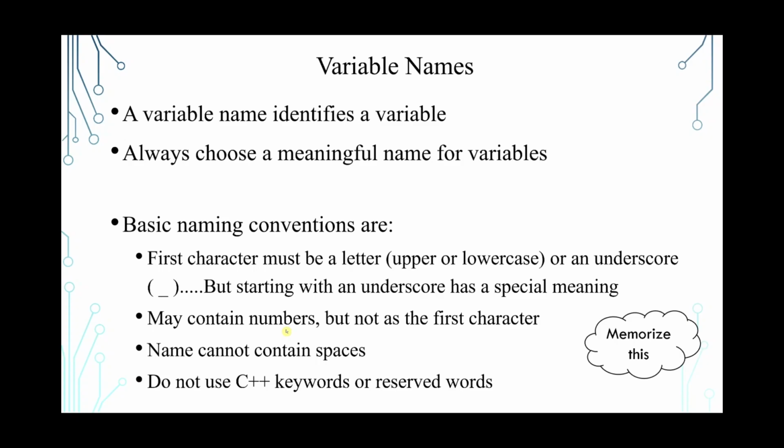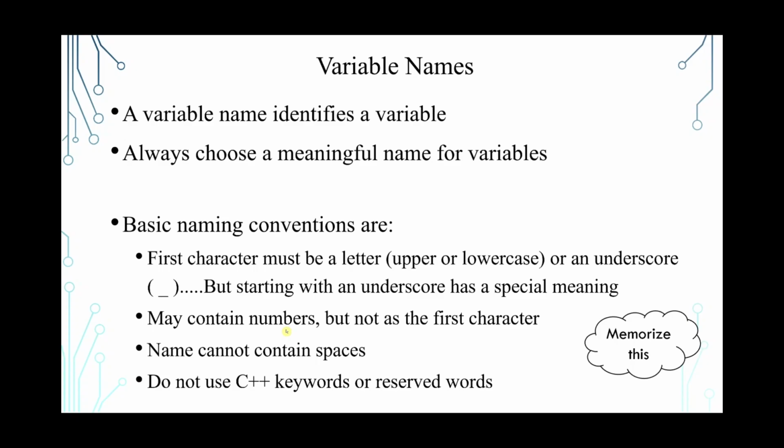So basic naming conventions are the first character must be a letter, upper or lowercase, or an underscore. But basically the underscore has special meaning, which you're going to recognize later. May contain numbers, but not as the first character.